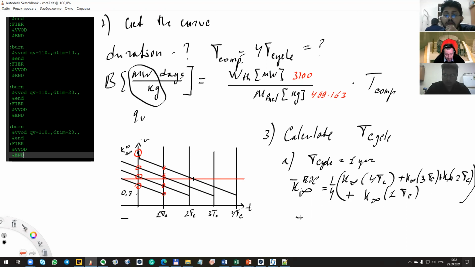And this value must be equal to 1.03. If it's true, then you get the time of cycle correct. If it's less than 1.03, it's too much burn up, and you need to decrease the time of cycle. If more, the opposite: increase the time of cycle.